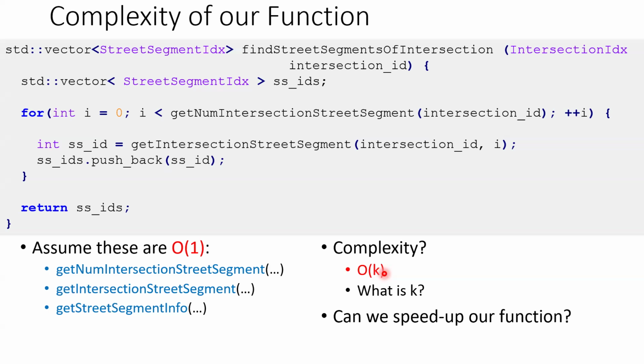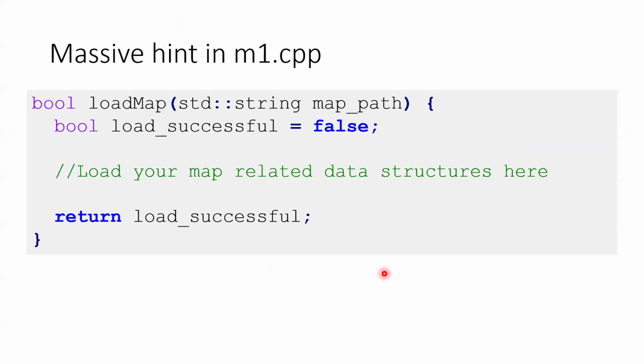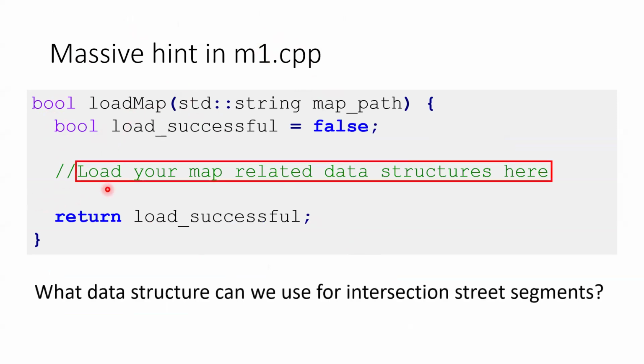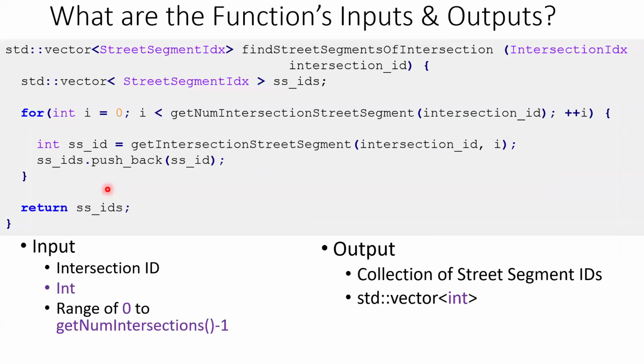How can we speed up this function? In load map, in your m1.cpp, it says load your map related data structures here, and that is loading up the global variables. What data structure can we use for that function specifically? For this function, we're taking in as input an intersection ID.